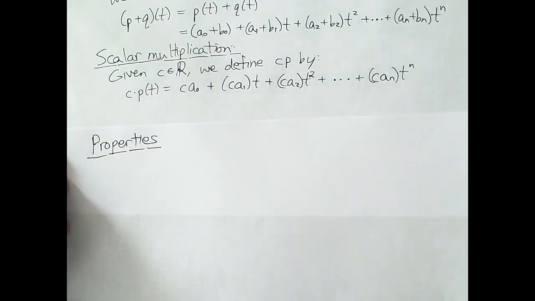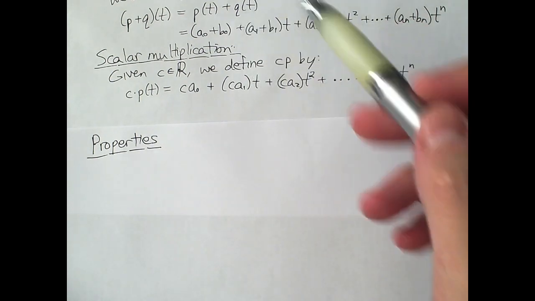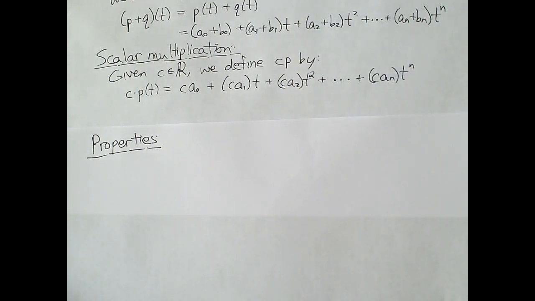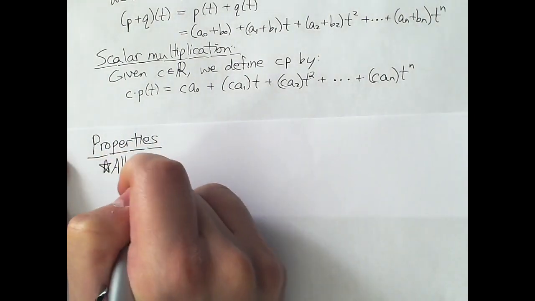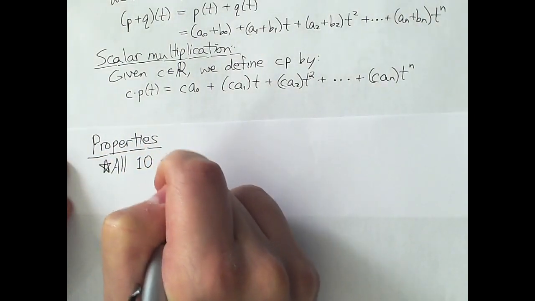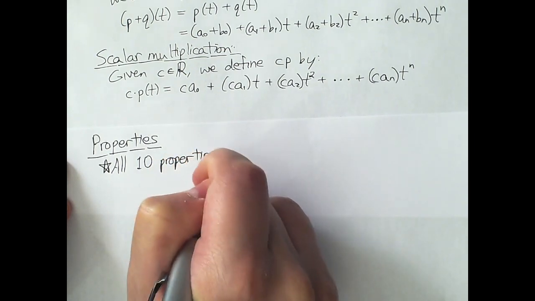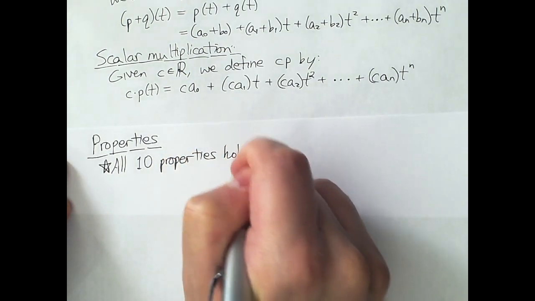First of all, one of the conditions for this to be a vector space is that it has to be a set. Well, it is a set. Does it have two operations called addition and multiplication by scalars? Yes, we just described them. So now it also needs to have 10 properties, and I'm going to say all 10 properties hold. They are the requirements for being a vector space. And I'll discuss some of them.